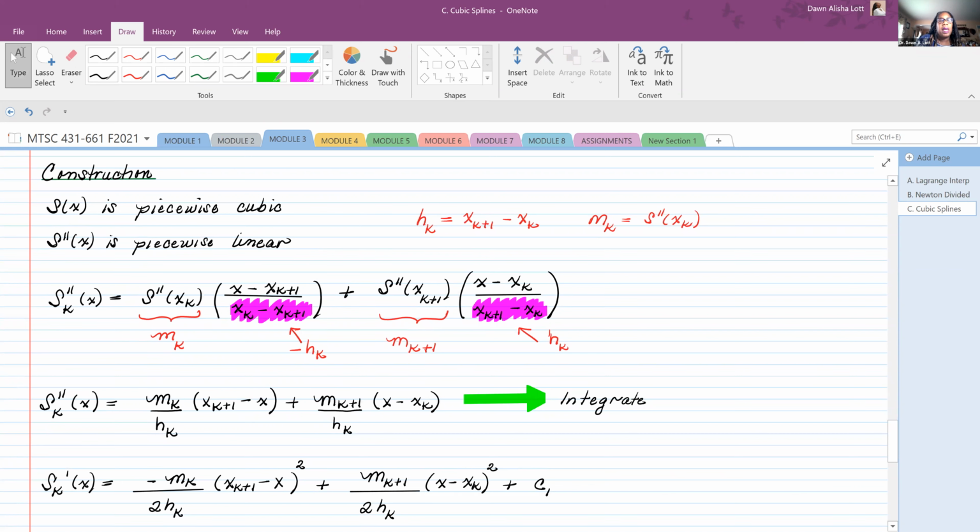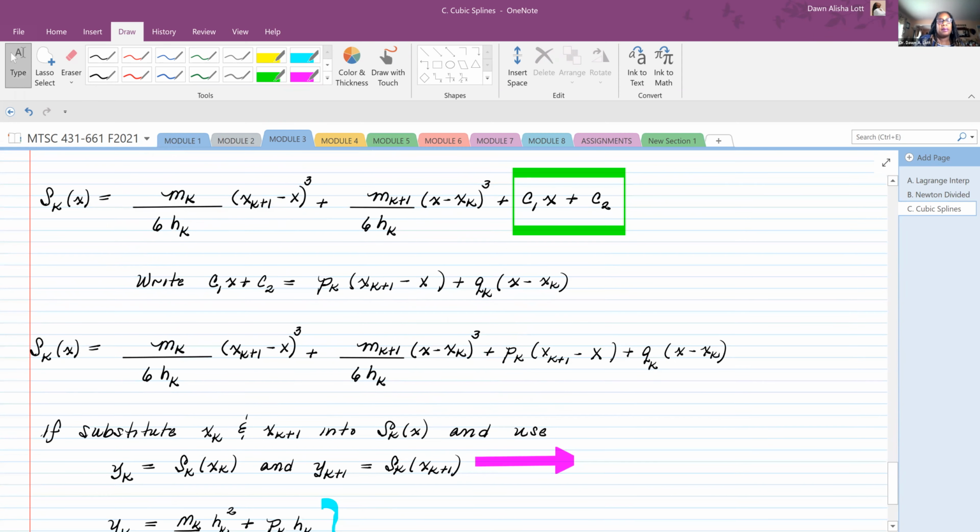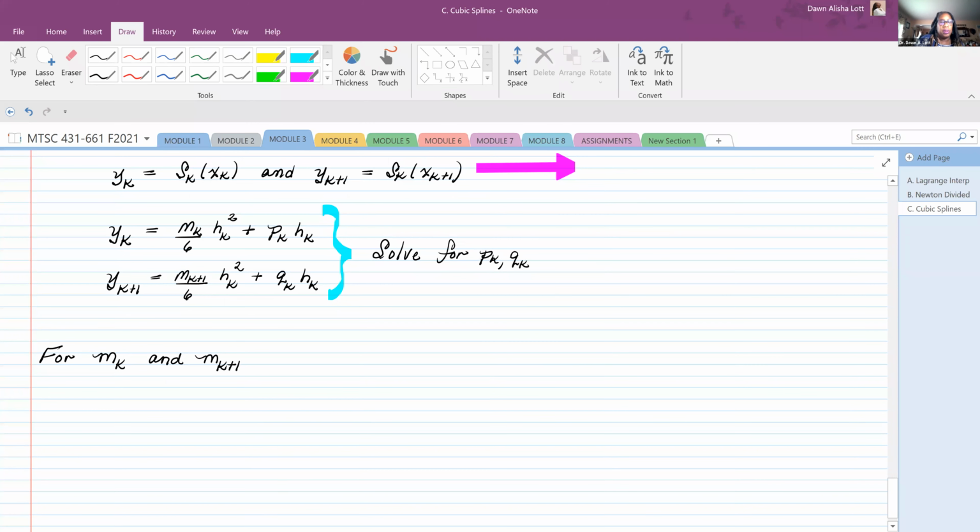Okay, so mk plus 1 is the second derivative at xk plus 1, and mk is the second derivative at xk. So once we know those, then we can solve for everything. So let's find them. So these are unknowns.